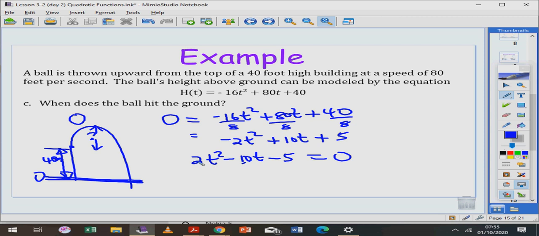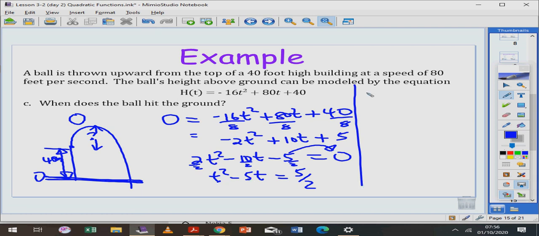Minus 5t is equal to 5 over 2. What I've done is I've divided here by 2, by 2, by 2, and then I've taken this term to that side. So nothing major. Next, I'm going to take 1t from here, then I'm going to take half of 5. So t minus 5 over 2 squared, then remember I have to subtract the square of this.